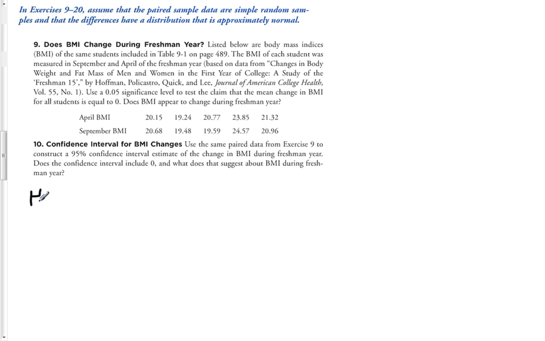The null hypothesis is that the mean difference in body mass index is equal to 0, which means the alternative hypothesis is that the mean difference does not equal 0. And this is actually the claim.